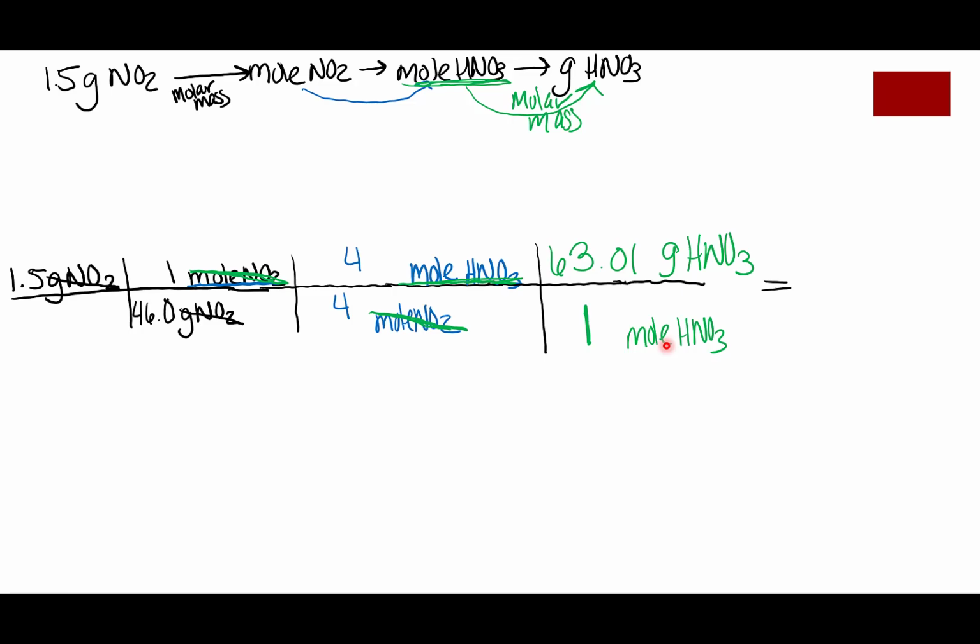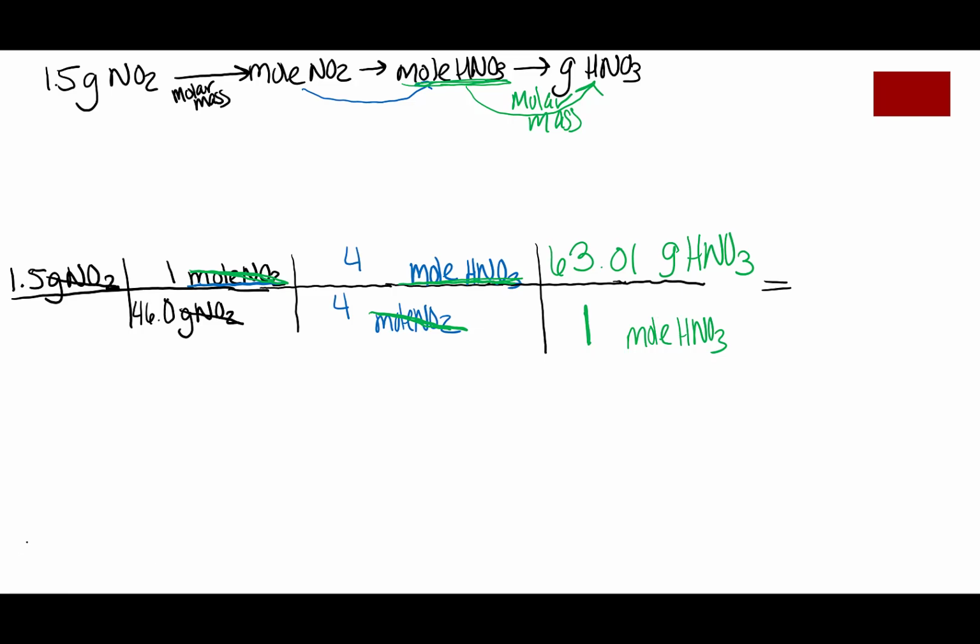I tend to multiply across the top and divide by the bottom, but I'm not saying that's the right way to do it. So I'm going to take 1.5 times 4, times 63.01, and then come back and divide by anything on the bottom. I'll divide that answer by 46.0, hit equals, divided by 4, equals, divided by 1.